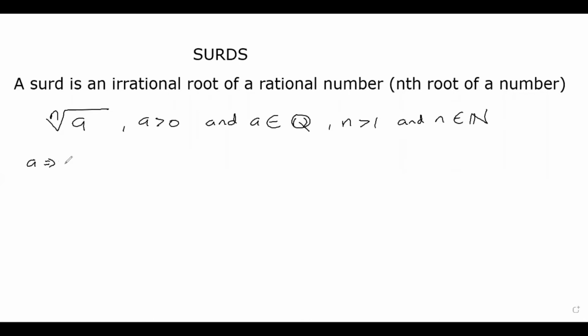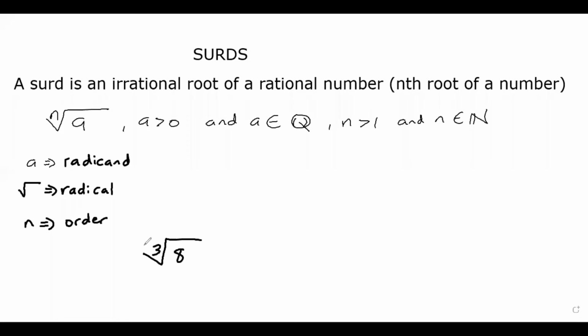So a is what we call the radicand. The square root sign is what we call the radical. And n is what we call the order of the root.